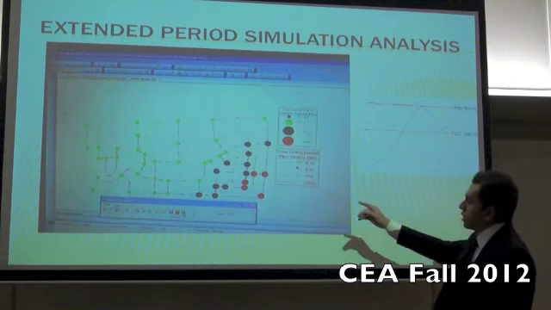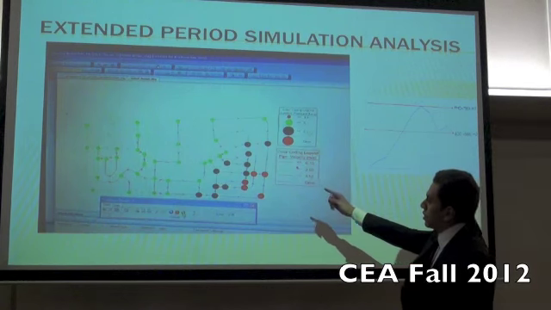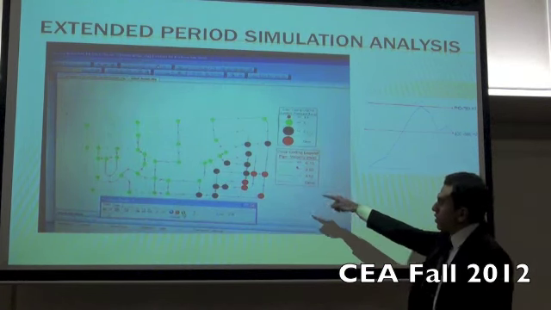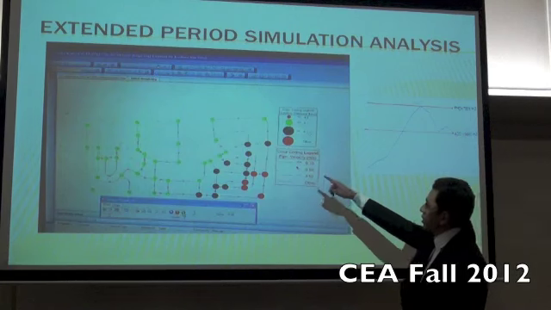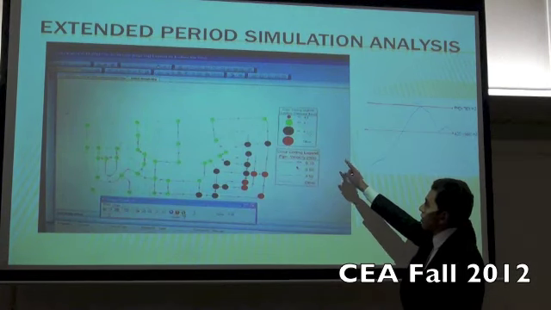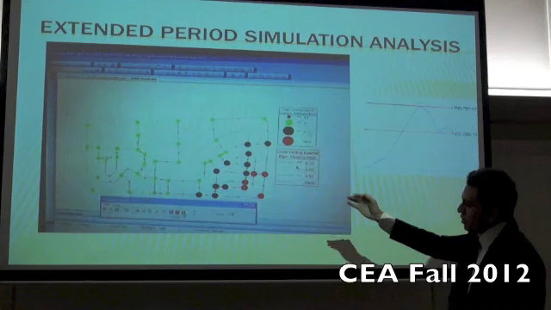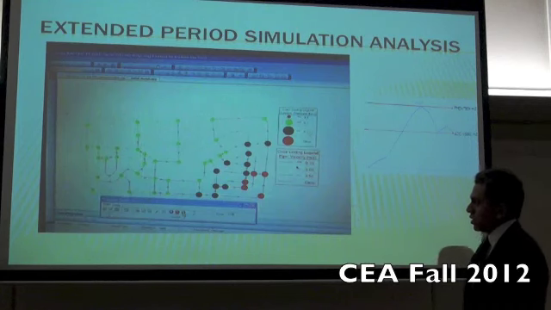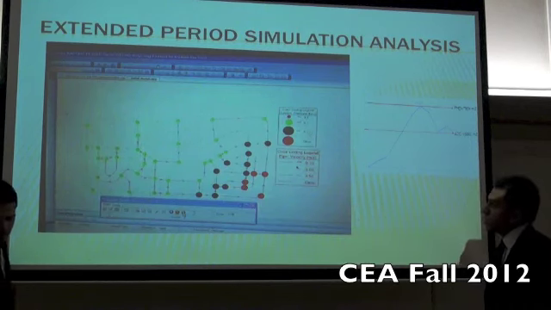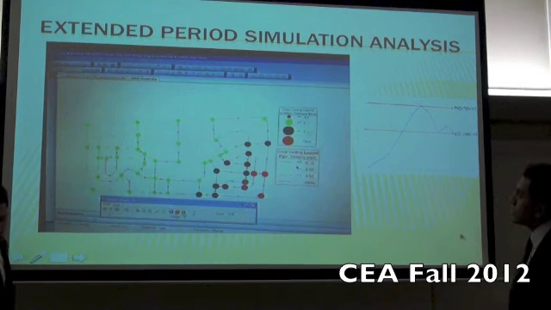And that's why during the evening, the pressures in these junctions, in the red and the black color, exceed the allowable range.